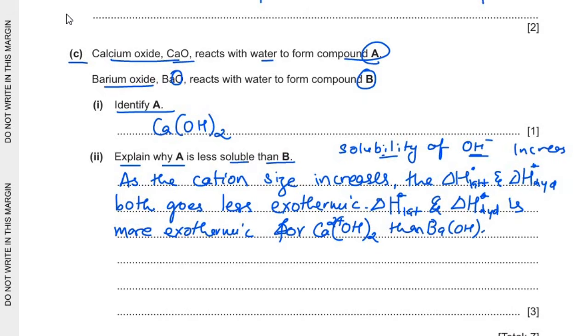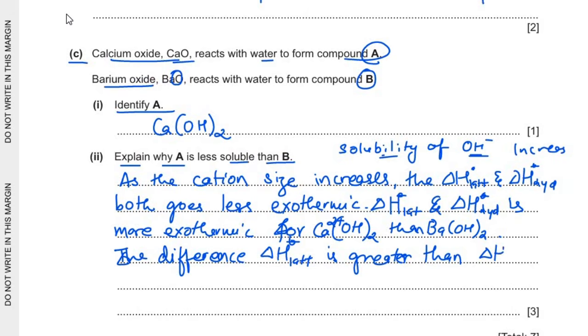What happens down the group is both decrease, but delta H lattice decreases by a greater value. So because of that, the difference in the delta H lattice is greater than the delta H hydration down the group.